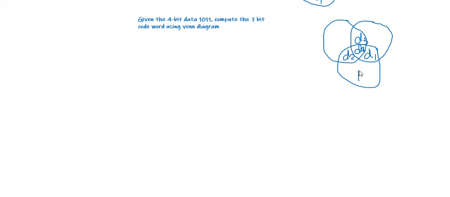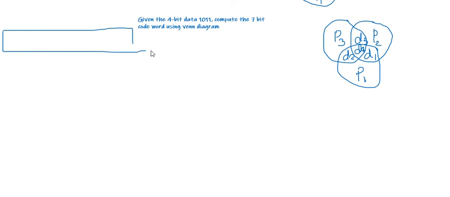And here comes your parity bit 1, and up here parity bit 2, and here is your parity bit 3. Okay then, so what is the 7-bit code word? This is the question.